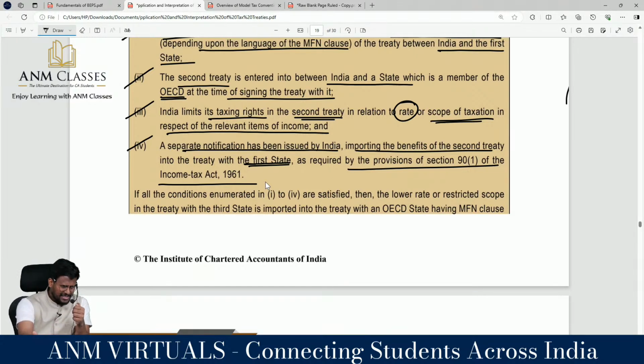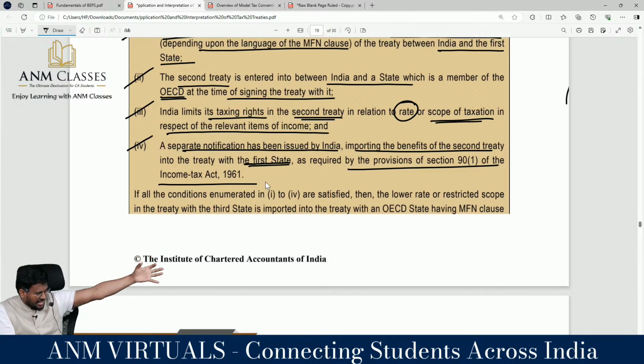In that subsequent treaty, there should be some benefit, such as reduction of rate, or reducing the scope of taxation, or increasing the allowances. And India should declare in the official gazette that the provisions of the second treaty are imported to the first treaty.